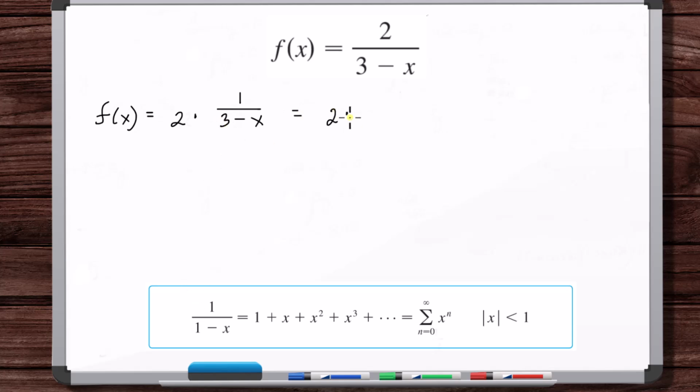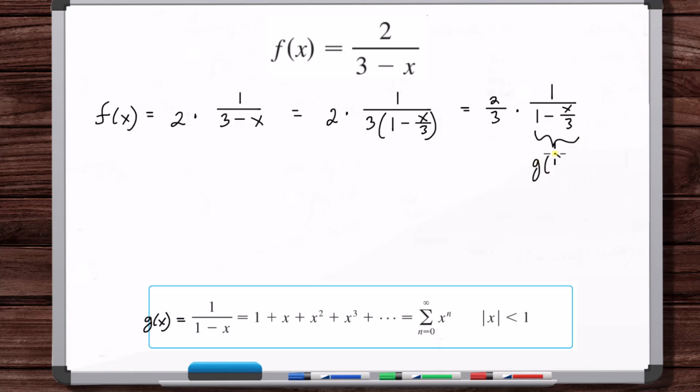So let's factor out a 3 here. Comparing this to this, yeah, that works, because if this is g of x, then this is g of x over 3. Not minus x over 3, x over 3.